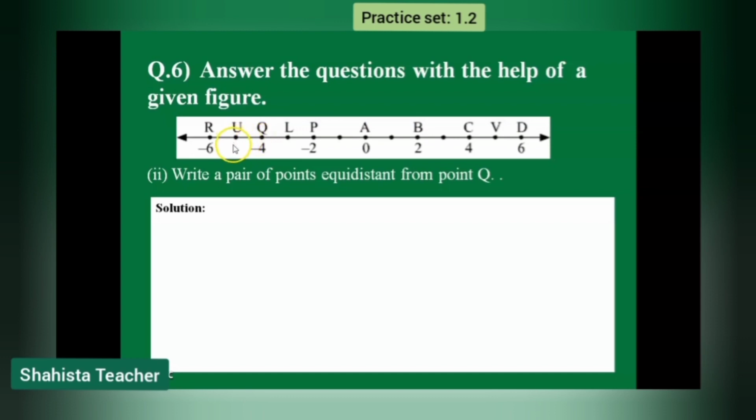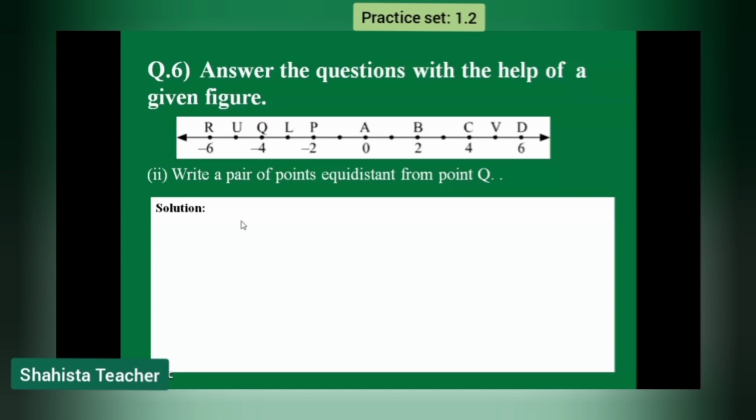So minus 4, minus 5, minus 6, minus 4, minus 3, minus 2. Is that clear? So the coordinates of Q and U are minus 4 and minus 5.